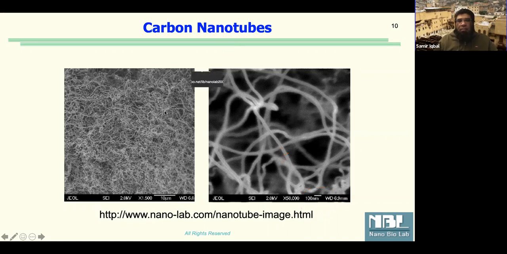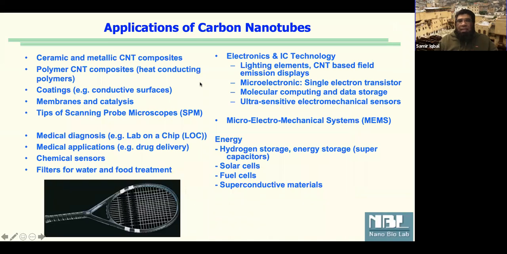Now, where do we use them? Where do you use carbon nanotubes? We use them at so many places. We have used CNTs in ceramics, in polymers, in coatings, in membranes. And we talked about applications in microelectromechanical systems, energy systems, medical diagnostics, chemical sensors. There's a whole bunch of applications where CNTs have been used.